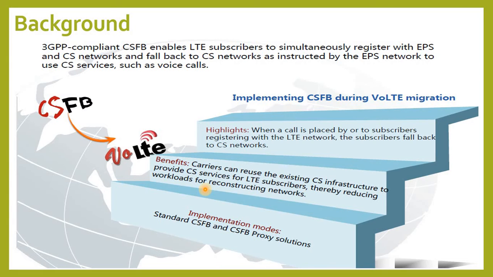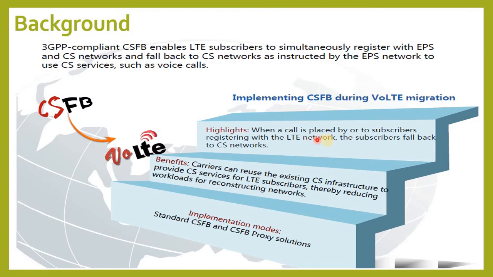So by using the CSFB phenomenon, the subscriber can fall back to the conventional 2G, 3G network and thereby use the voice, SMS and USSD services. So CSFB is basically a faster solution for the deployment of 4G networks, and at the same time continues to use the legacy CS services.